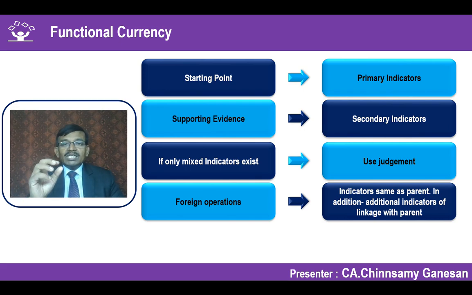Sometimes conditions or indicators which are linked to the transactions with the parent company should also be considered. Like what I have taken as one example for us to understand is the substantial degree of autonomy. We took it as one of the possible indicators of linkage between the parent company and the subsidiary company. That should also be considered when determining the functional currency of the foreign operation.